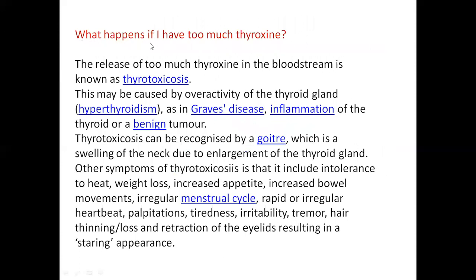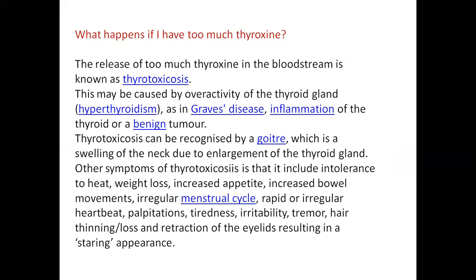So what happens if a human being has too much thyroxine? The release of too much thyroxine in the bloodstream is referred to as thyrotoxicosis, and in general terms we refer to it as hyperthyroidism. Hyperthyroidism is a condition where, because of the overactivity of the thyroid gland, excess thyroxine is secreted into the bloodstream.